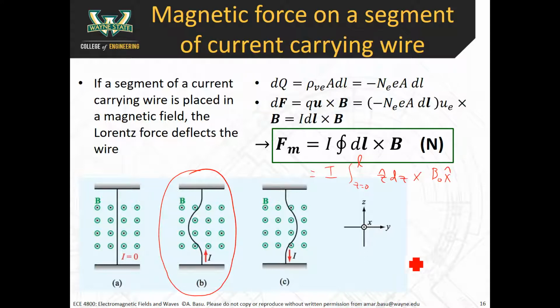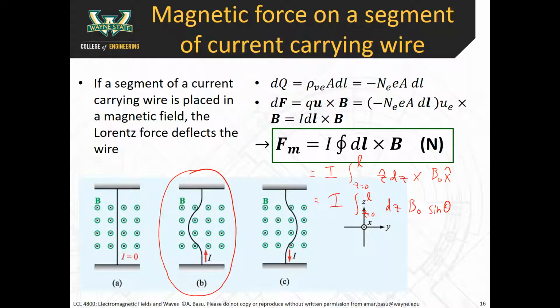So let's just go through and solve this real quick. I times the integral from z equals 0 to L. The cross product here is equal to the magnitude of the first term, dz, times the magnitude of the second term, B0, times the sine of theta, the angle between these two.